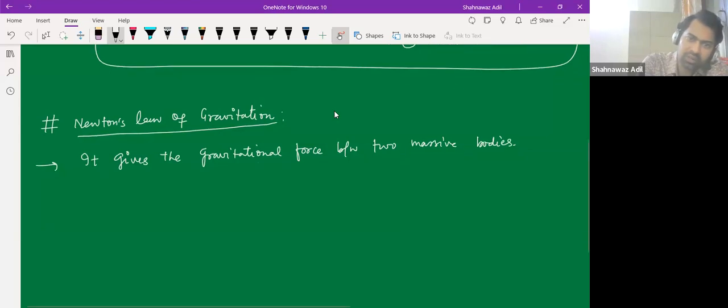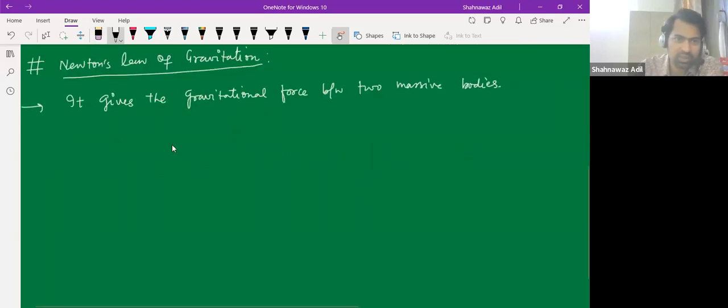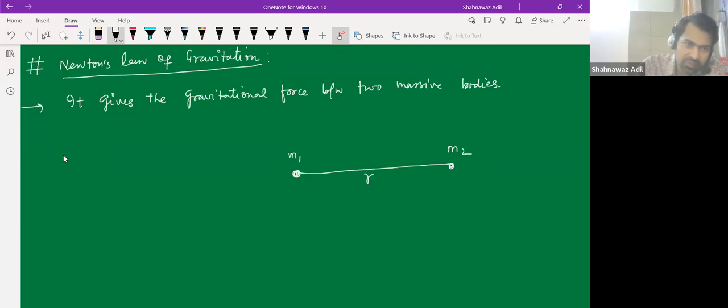Newton found out from experiment and using Kepler's laws that if we have two masses, M1 and M2, and remember these are point masses, with a separation between them, then the force is directly proportional to the product of the masses and inversely proportional to the square of the separation.